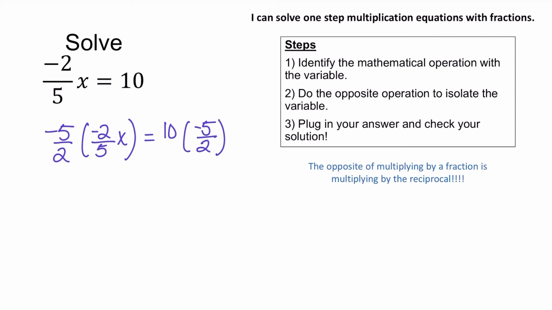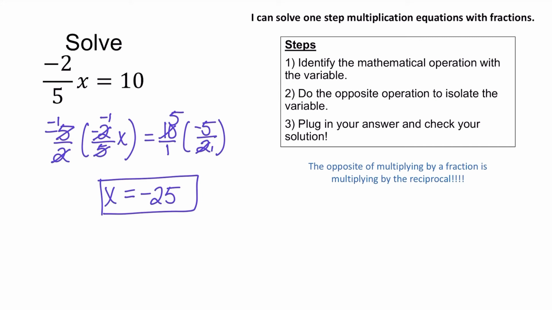So on the left side, this -5 and 5 will reduce, leaving this as a -1. 2 and -2 will reduce, leaving that as -1. -1 times -1 is just 1. So all I have left on the left side is x. On the right side, I'm going to put this 10 over 1. 10 and 2 have a common factor, so this will reduce to 5. And then I have 5 times -5, so that's -25.